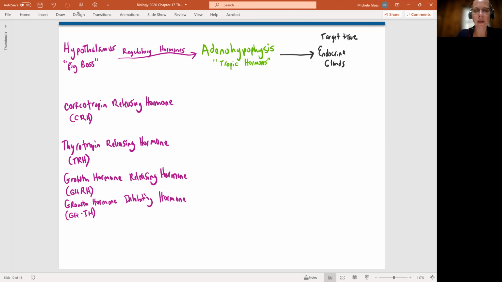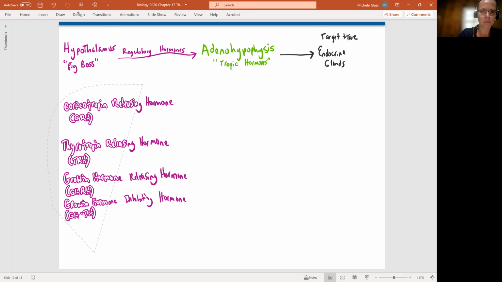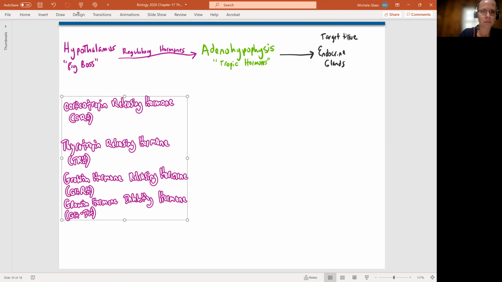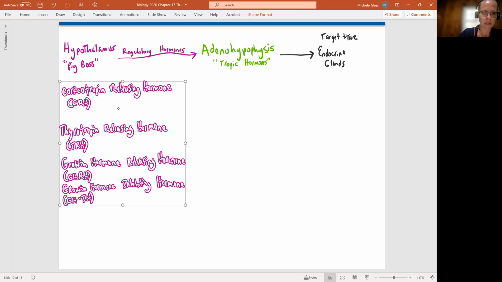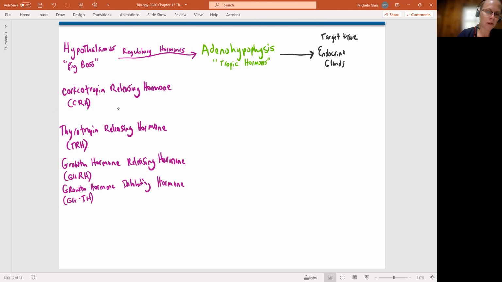So let me see if I can give myself a little bit more room here. Okay. And then we're going to list prolactin releasing factor, which is going to be abbreviated PRF.